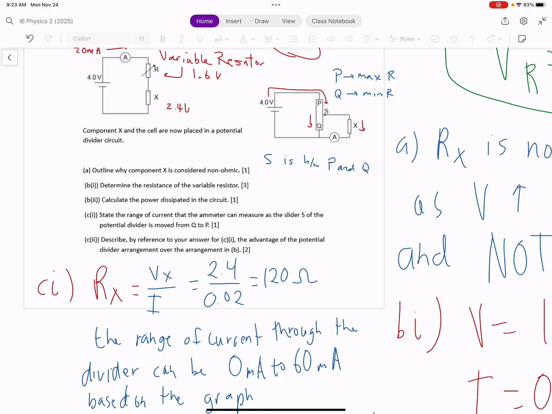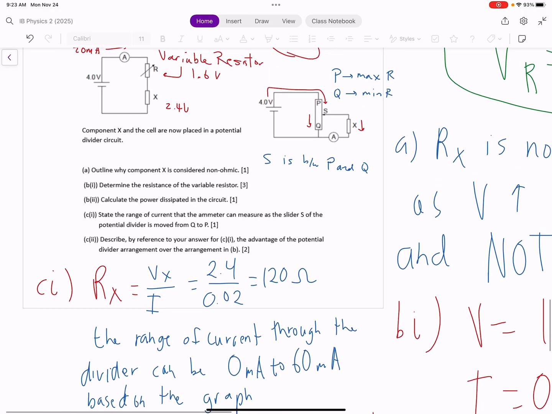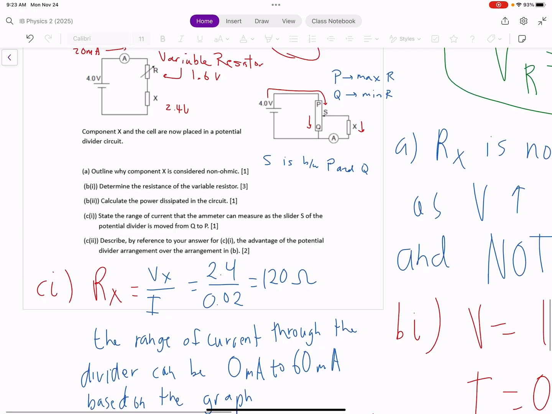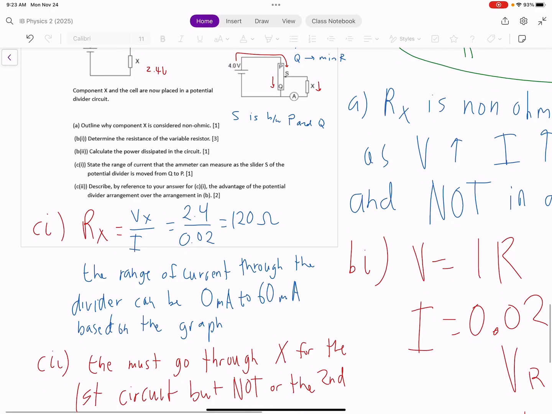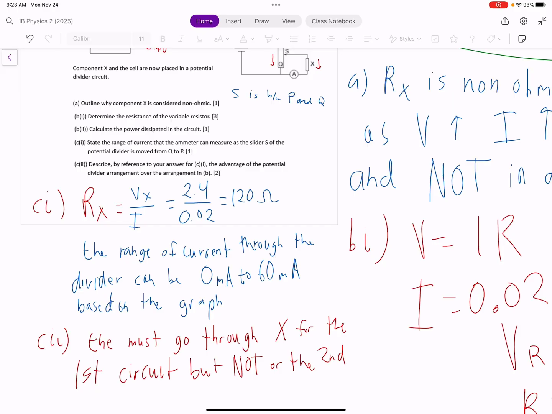All you really need to know is that it can change its resistance, and when it does, it can change the voltage in X. You change resistance in one thing and it affects the voltage and current in another thing.